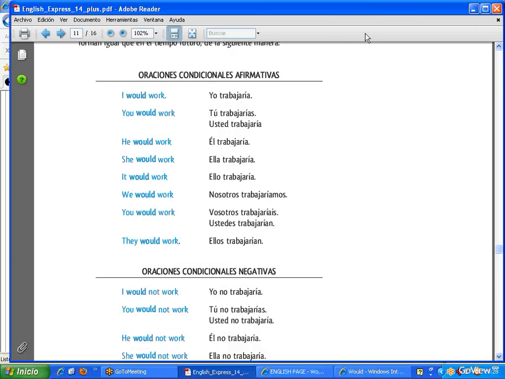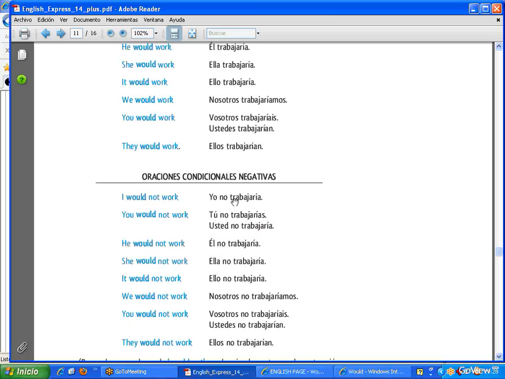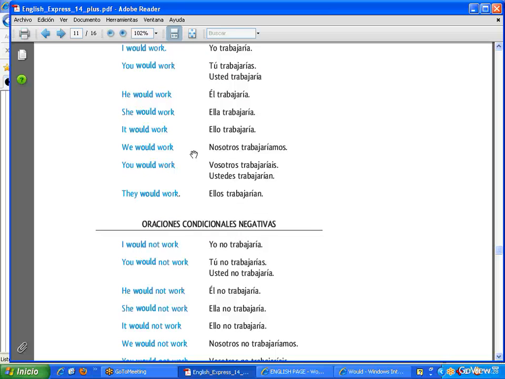Like all modal verbs, el segundo verb, the second verb, is in the infinitive sin to, and there's no conjugation. Look, she would work, he would work. There is no s.